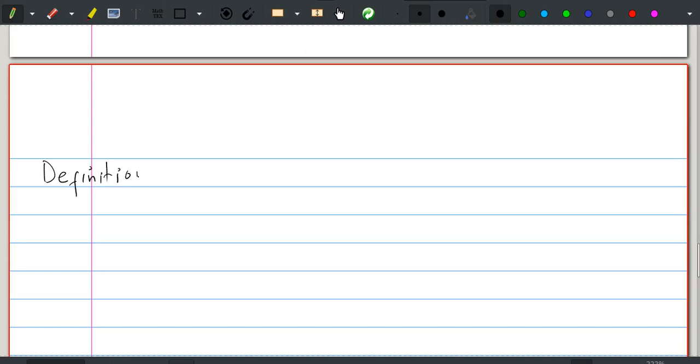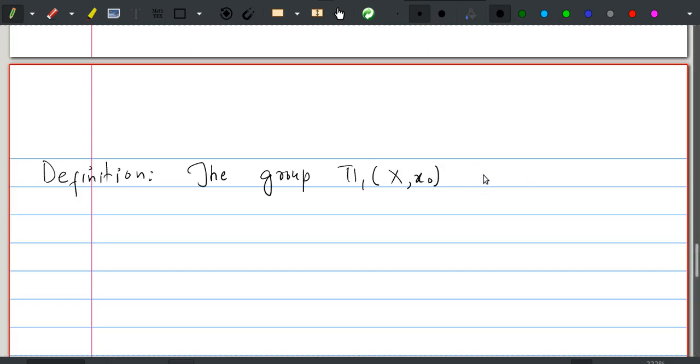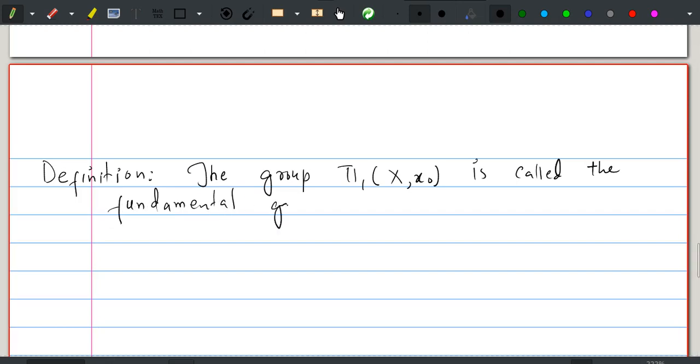The group pi 1 of X, x naught is called the fundamental group of the topological space X with a base point x naught.